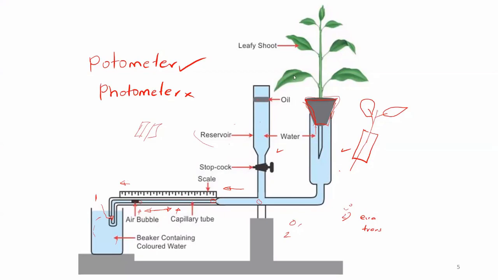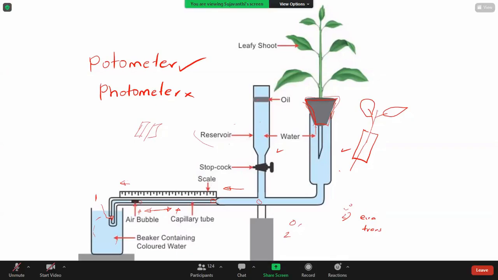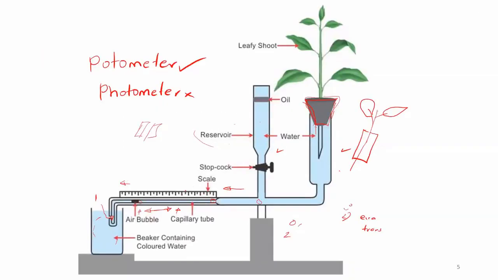So afterward, the observation is that the air bubble moves in this direction, which means towards the shoot, because the transpiration occurs in this direction. Therefore, the xylem vessel absorbs the water and the air bubble moves through this.